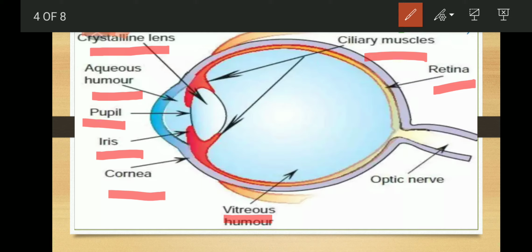Now these light sensitive cells on retina generate electrical signals which are sent to the brain through optic nerve, and then the brain interprets these signals. I hope the diagram is clear, and now let's summarize the properties which are ahead.